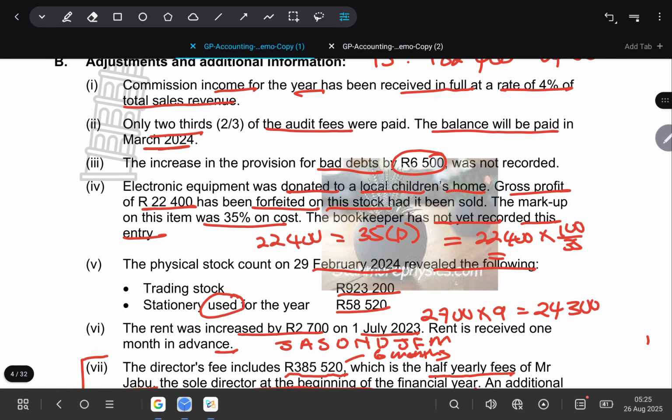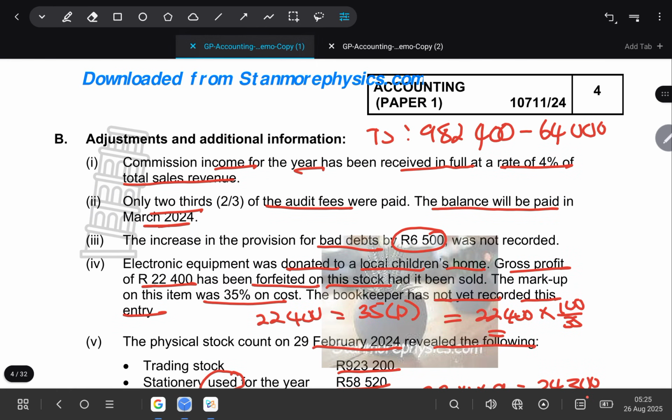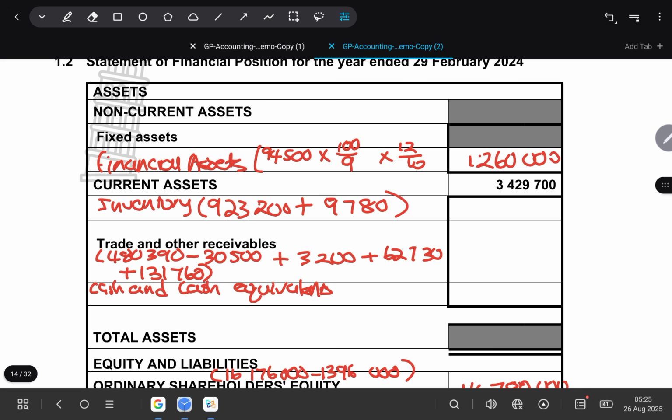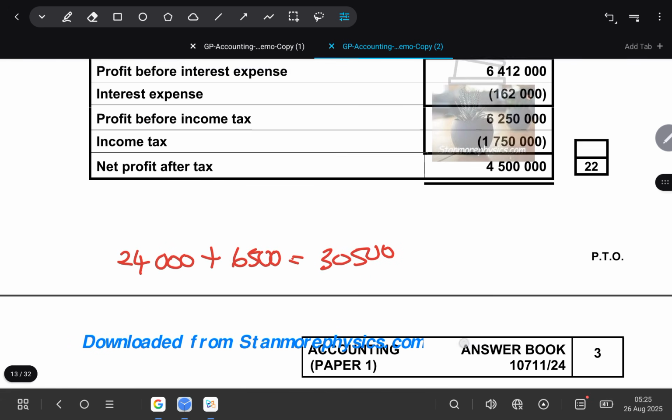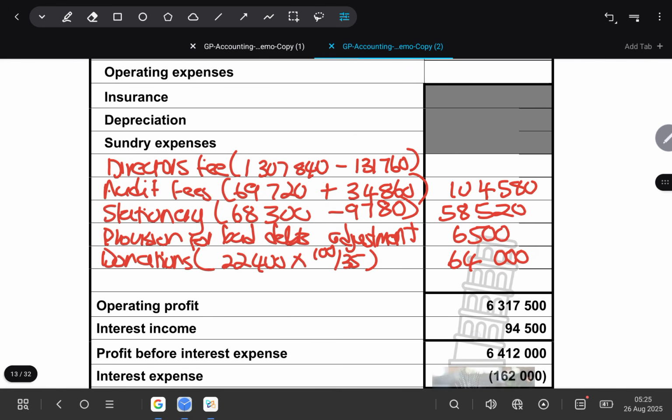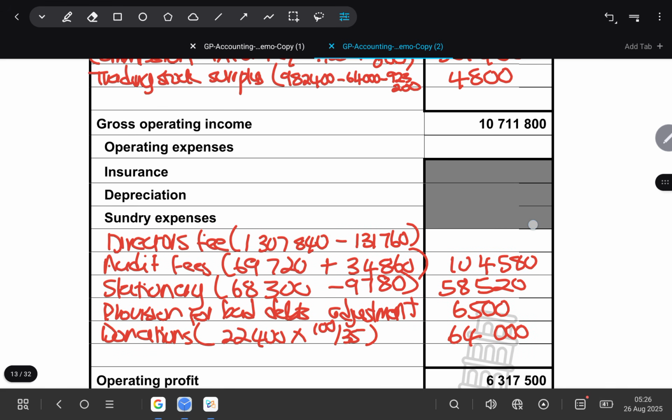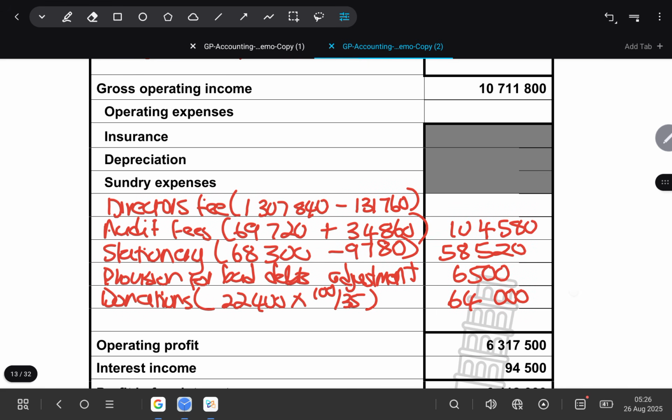So what we need to do is close up our things. So we can start with the ones that are the easiest to close. I think in this case it will be our income statement. So in this case we need to close our income statement.